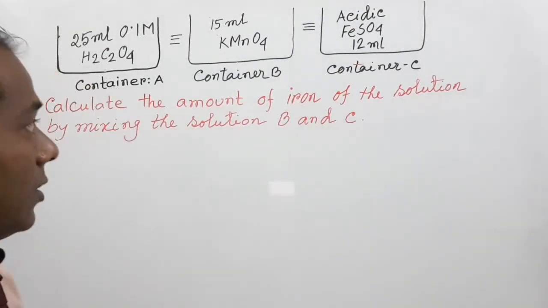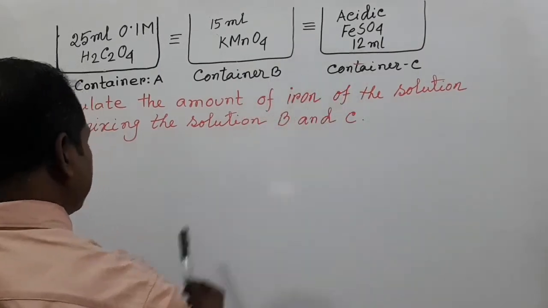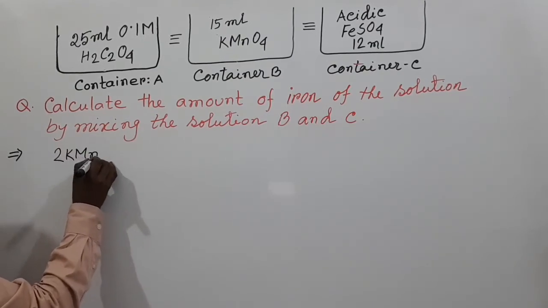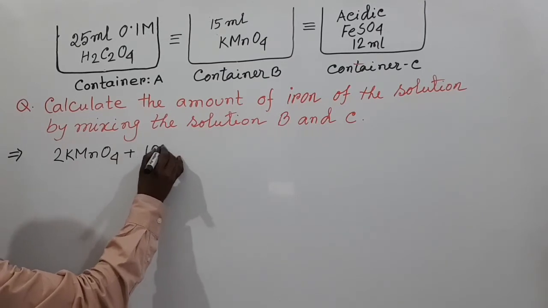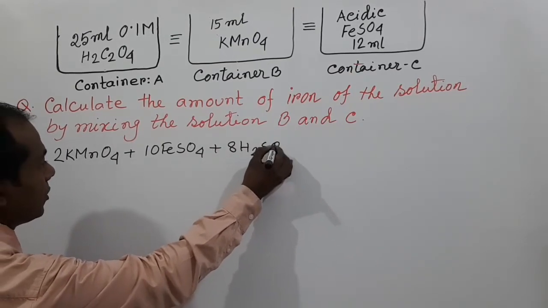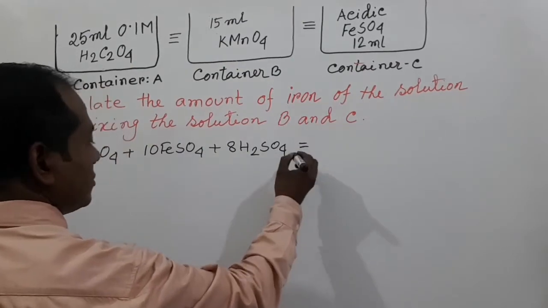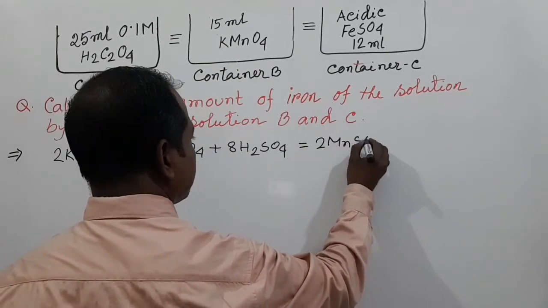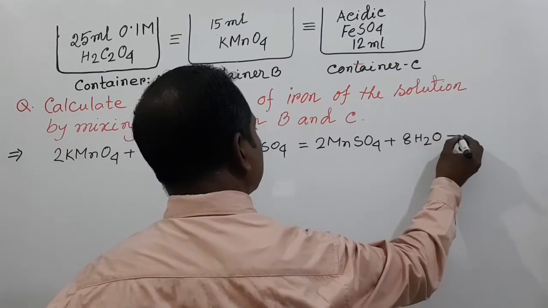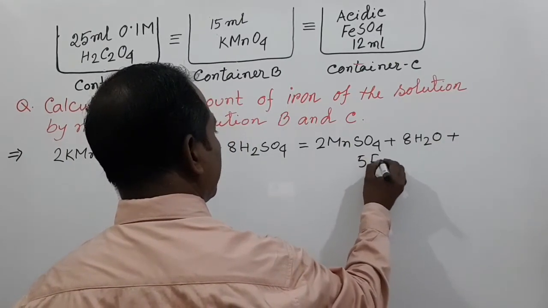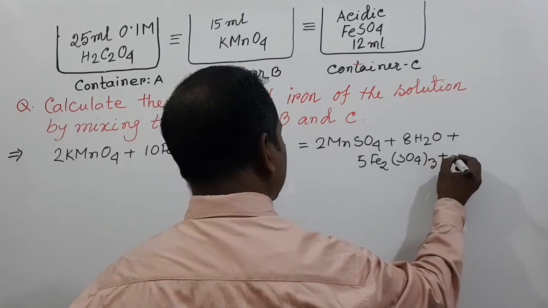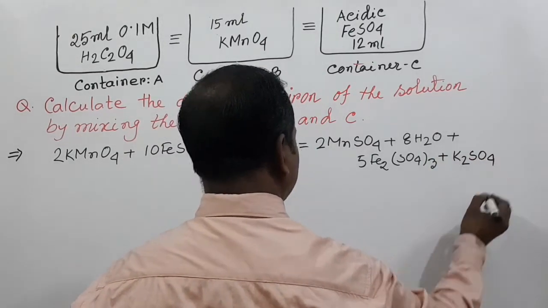Again, my dear students, now the reaction between potassium permanganate and acidic ferrous sulfate: 2KMnO4 + 10FeSO4 + 8H2SO4 = 2MnSO4 + 8H2O + 5Fe2(SO4)3, this is ferric sulfate, plus K2SO4.